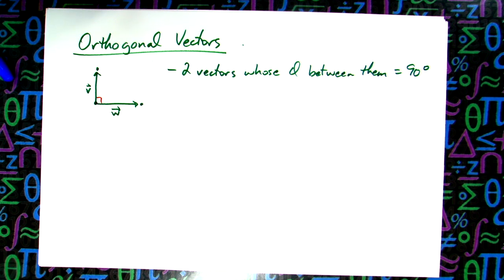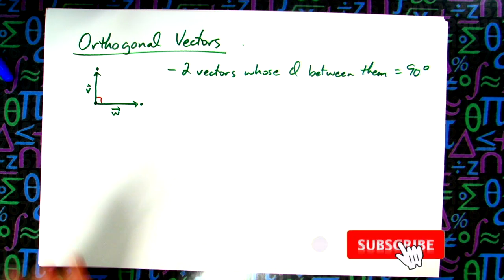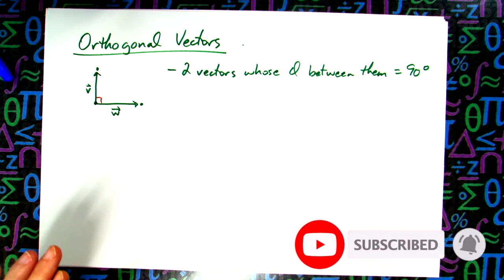Now, you don't want to have to draw them every time to decide this, and you might not have enough information to do that. All right, so if they give it to you in ai plus bj form, that's the form we like, little a and the b in front of the i and the j, then all I have to do is check the dot product, because if the dot product equals 0, I know that it's going to be a 90-degree angle.